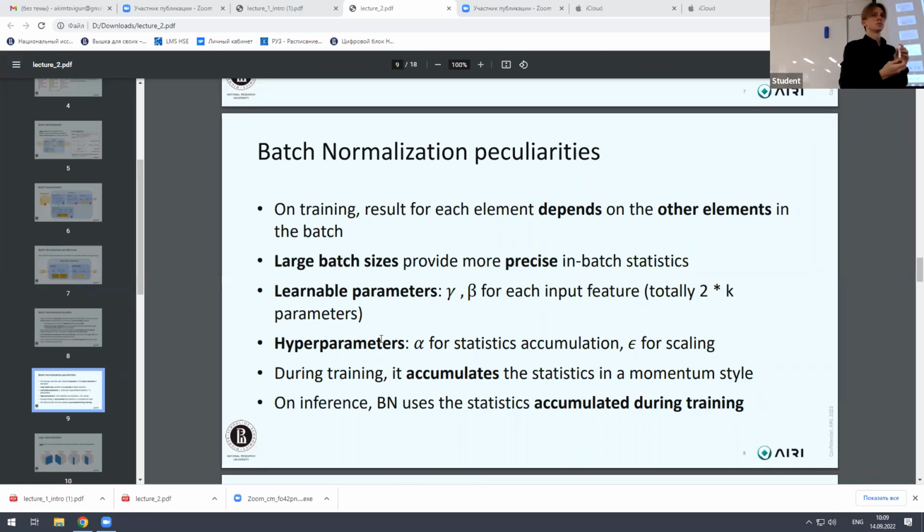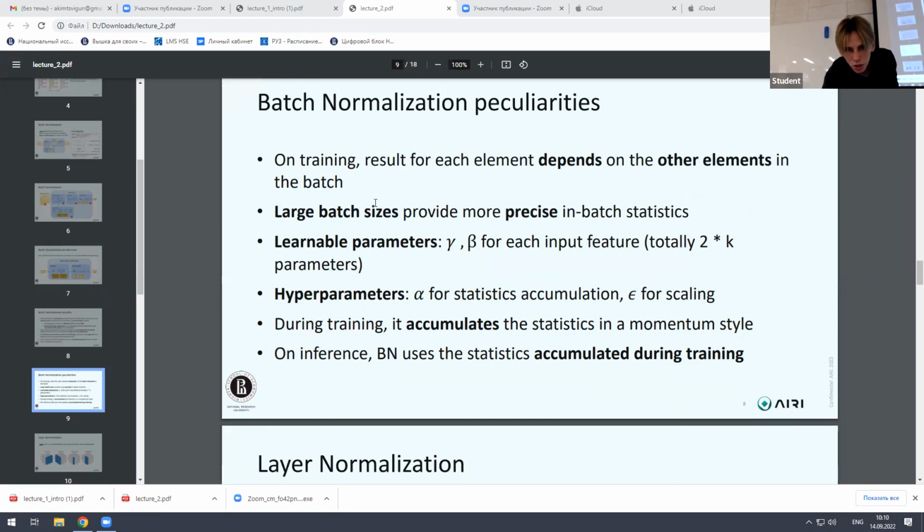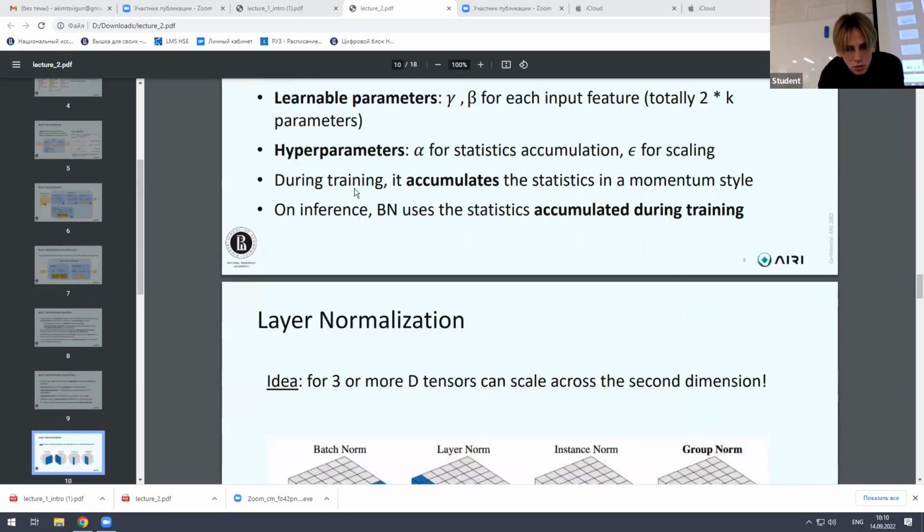That's it. And this, again, already discussed: during training it accumulates, during inference it uses these accumulated statistics. If there are any questions on batch norm, let's stop.